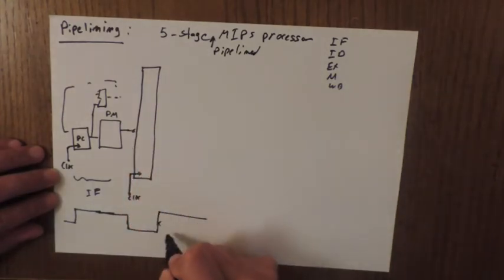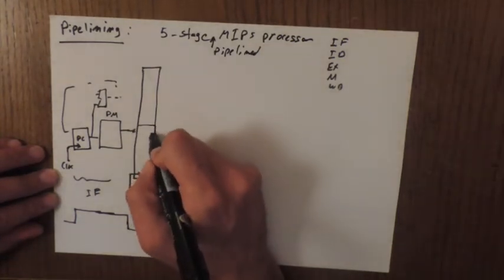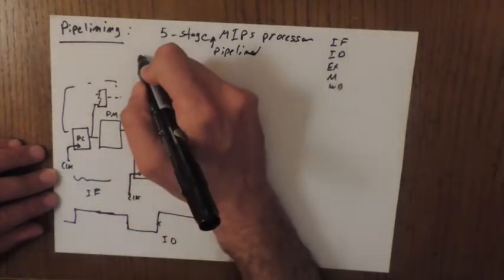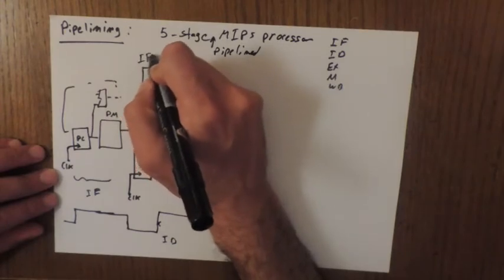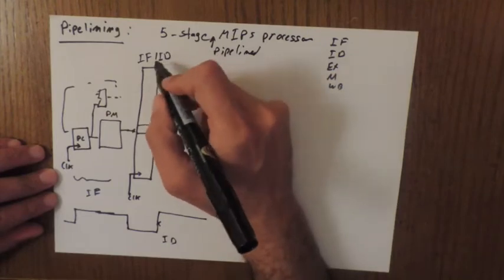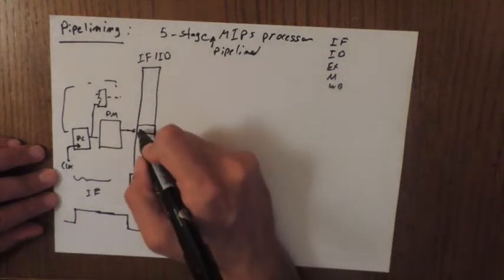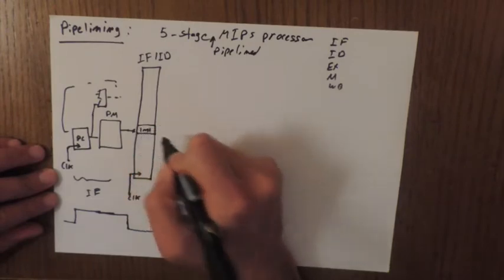At this stage, when we go into the ID, this instruction is fed into what I'm gonna call the IF over ID pipeline register. So this is between IF and this stage is ID. So this is the instruction.